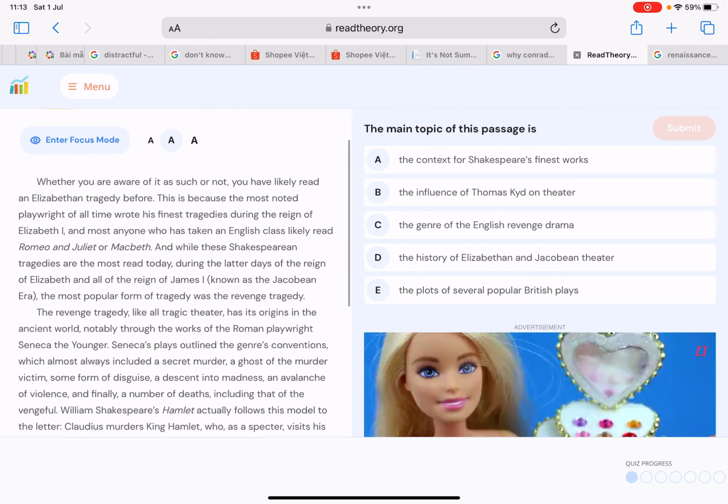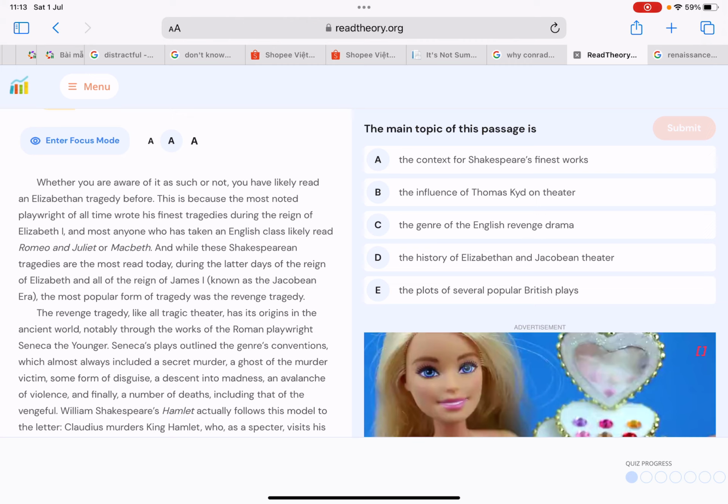Revenge tragedy. Whether you are aware of it as such or not, you have likely read an Elizabethan tragedy before. This is because the most noted playwright of all time wrote his finest tragedies during the reign of Elizabeth I, and most anyone who has taken an English class likely read Romeo and Juliet or Macbeth.